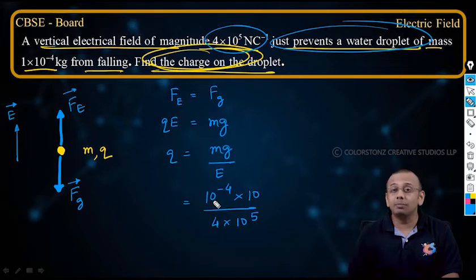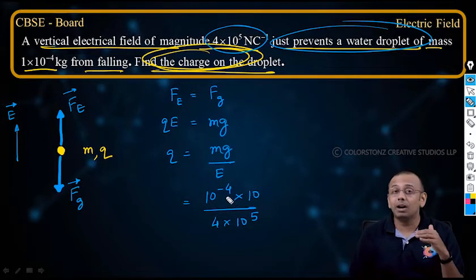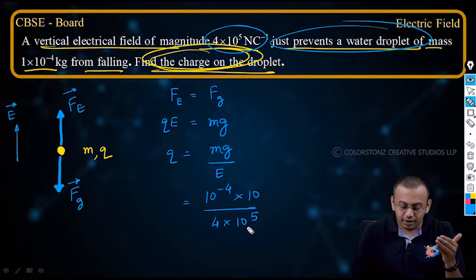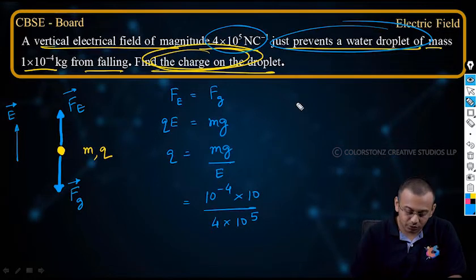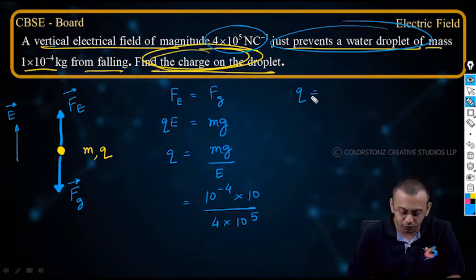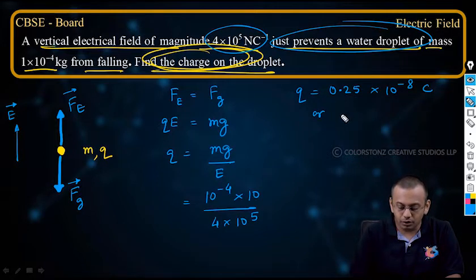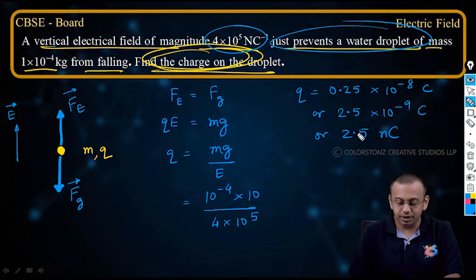So 10 into 10 power minus 4 will become 10 to the power minus 3. Divided by 10 power 5 will become 10 power minus 8. So finally we have q equal to 1 by 4, that is 0.25 into 10 to the power minus 8 coulomb, or I can say 2.5 into 10 to the power minus 9 coulomb, which is 2.5 nanocoulomb.